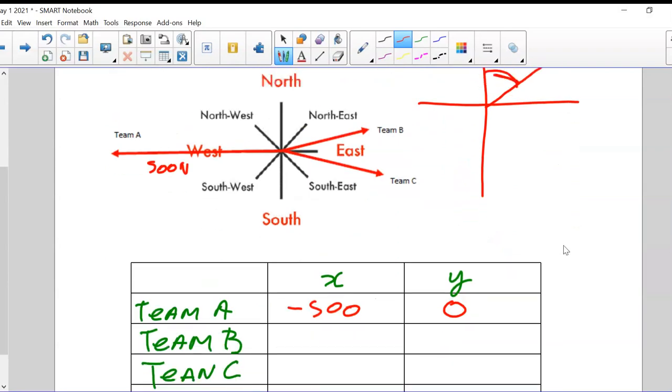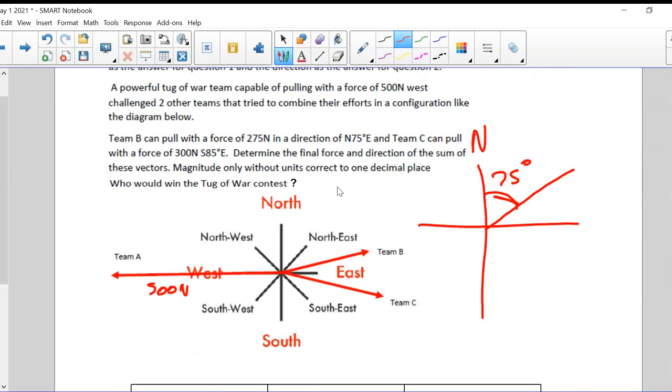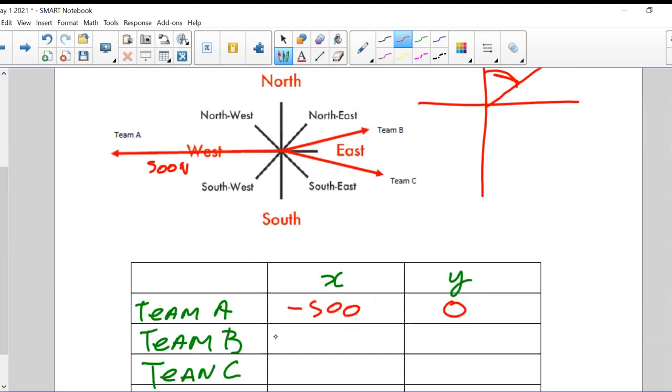And remember, I'm going to remind you now that for x, it's cosine, right? So x is cosine. I start you off by saying that the magnitude of team B is given to be 275. So it's going to be 275 times something. What's that thing?